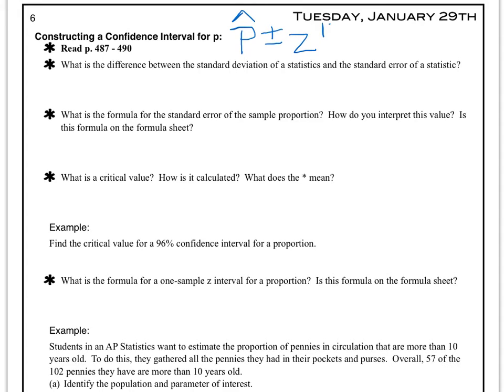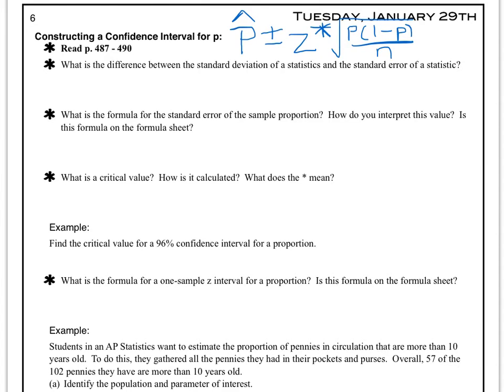The critical value has a symbol called Z star, and we'll talk about that in a second. And then I want the standard deviation of the statistic. Well, the standard deviation of p hat is the square root of p times 1 minus p all over n.